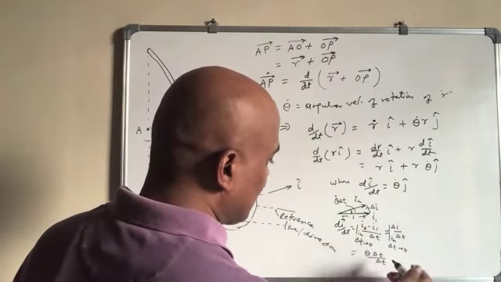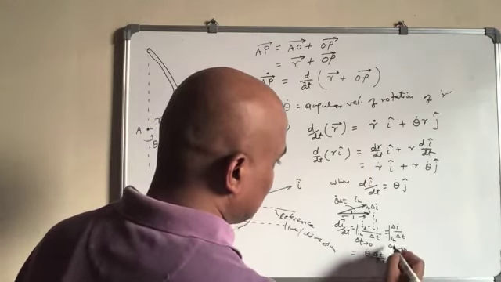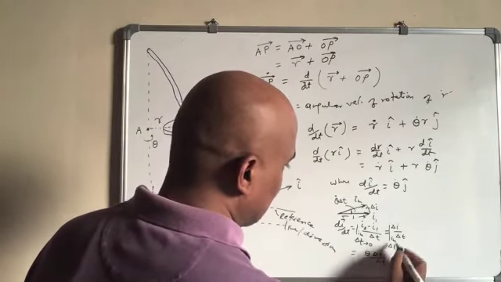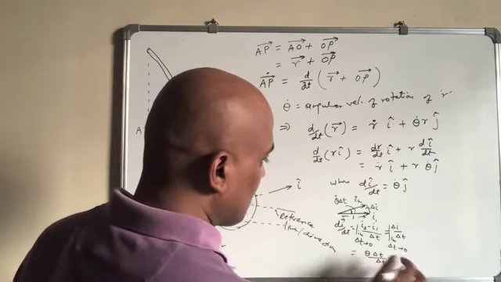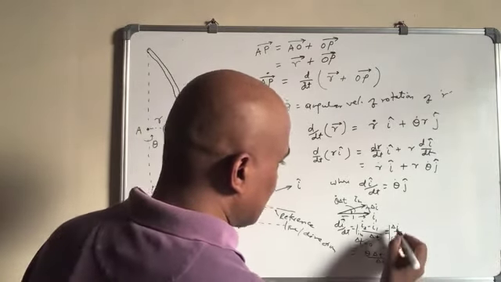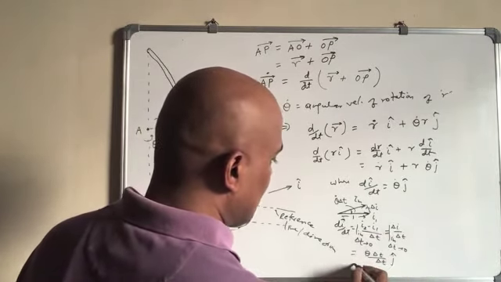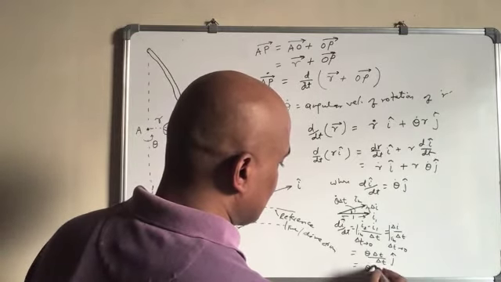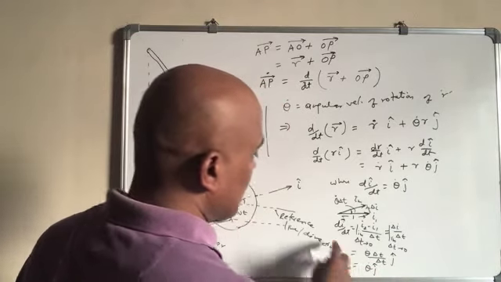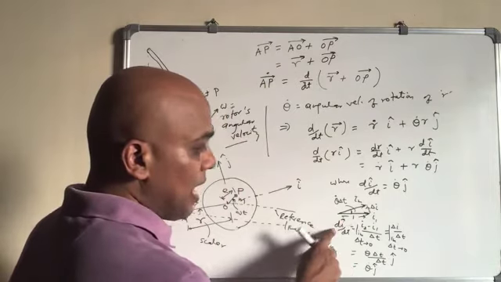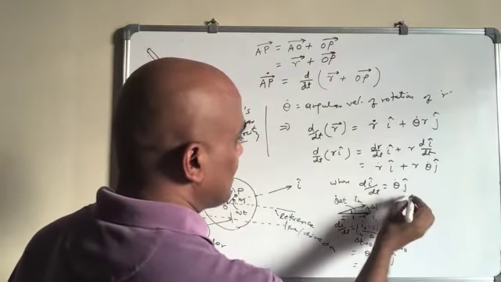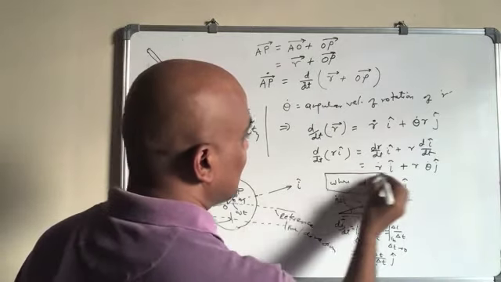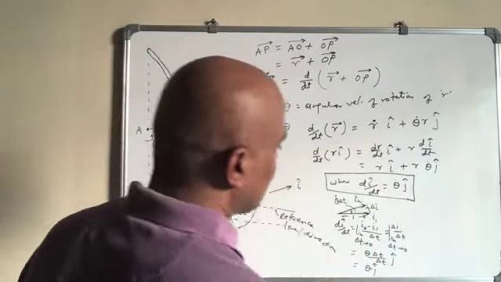Delta I vector is in j direction, right? Hence you get theta dot j. So di over dt equal to theta dot j, and that's what we are using, and hence we are getting, right?